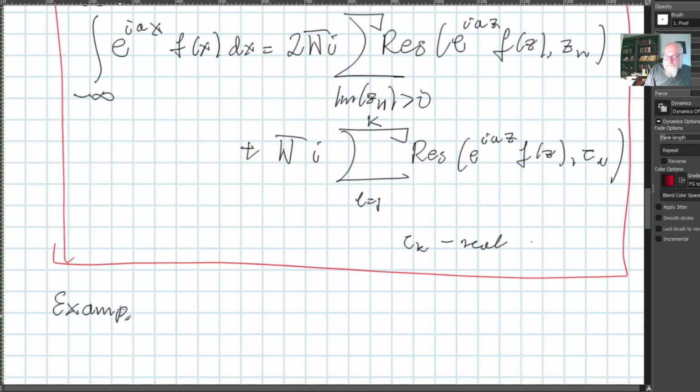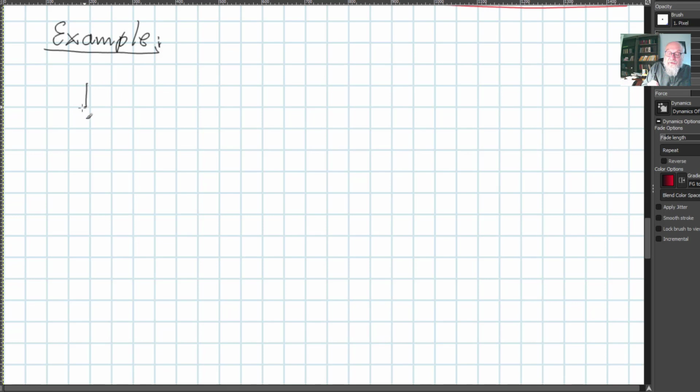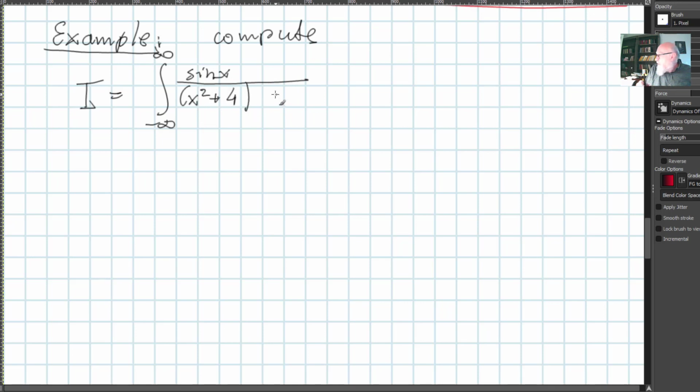My integral looks like this: compute the integral from minus infinity to infinity of sin(x) over (x squared plus 4)(x minus 1) dx.